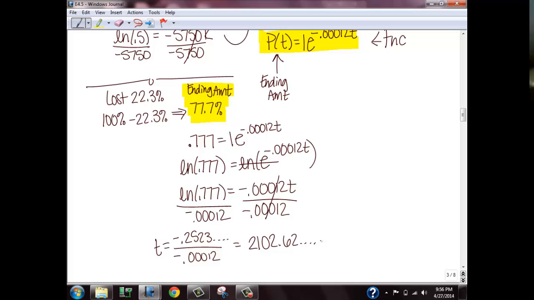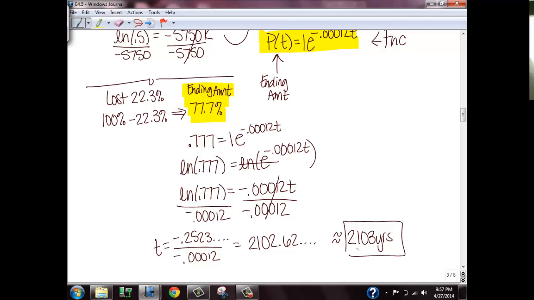So this is time. So again, I'm going to go ahead and round it to the nearest year. So this means that those Dead Sea Scrolls that were found with only 77.7% of their carbon-14 remaining had to have been about 2,103 years old. Okay. All right.